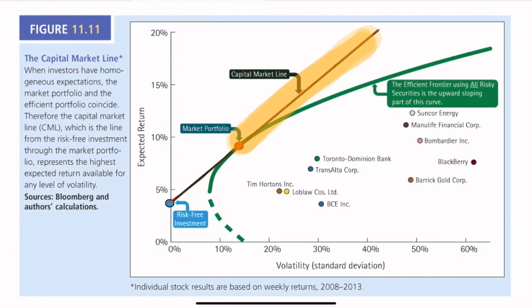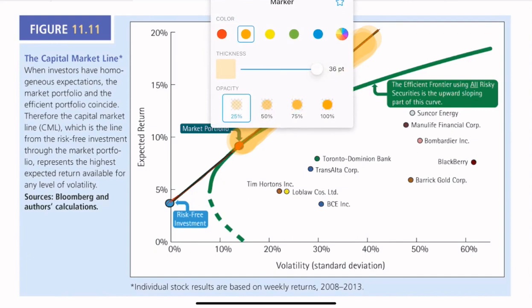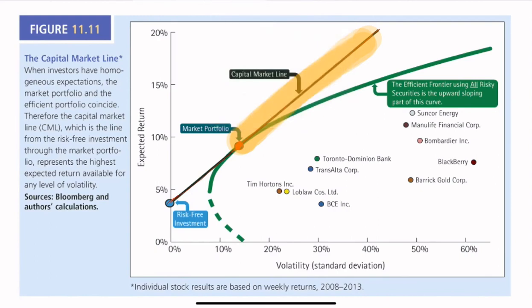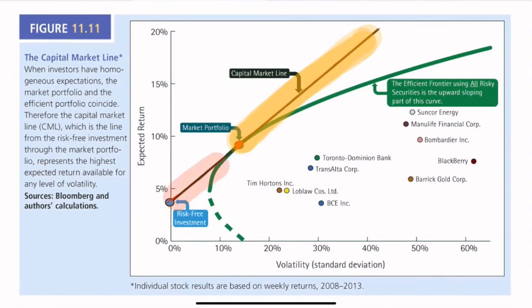Now, if you're more conservative, you will still hold the market portfolio and risk-free investment. Now you will just be on this side. For example, if you're here, you're essentially investing 50% of your money into the market portfolio and the other 50% in this risk-free investment. So what I'm saying is basically what exactly your portfolio will look like depends on your risk preference.